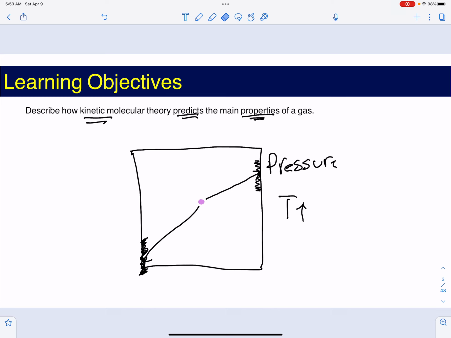Because of that also, if this was a balloon instead, if these particles are hitting the walls, then the balloon will begin to expand because the particles are pushing outwards.